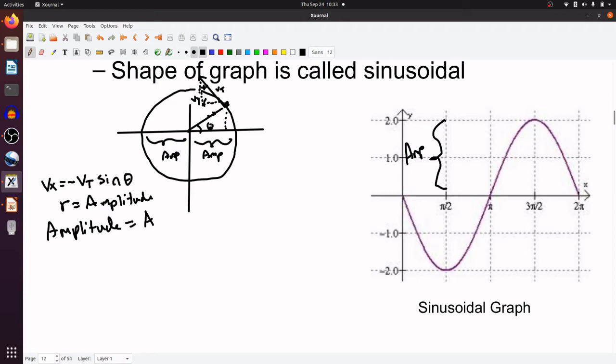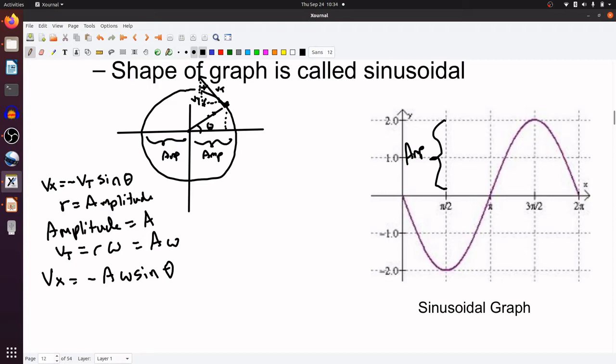And remember that from last chapter, Vt was equal to R omega. Well, we already know our radius is the amplitude, so A. So Vt is going to be A omega. So looking at Vx, that's going to give me a negative A omega times the sine of theta.